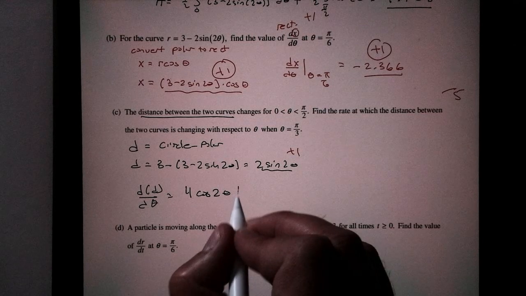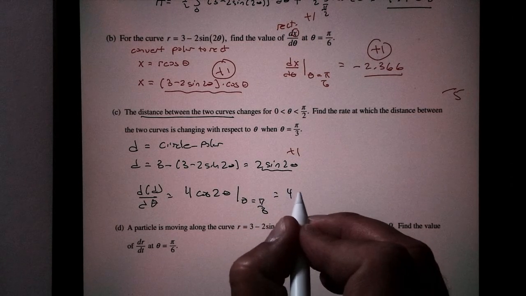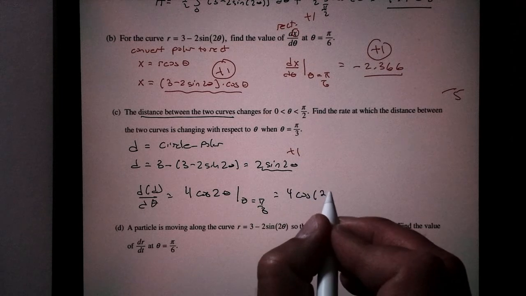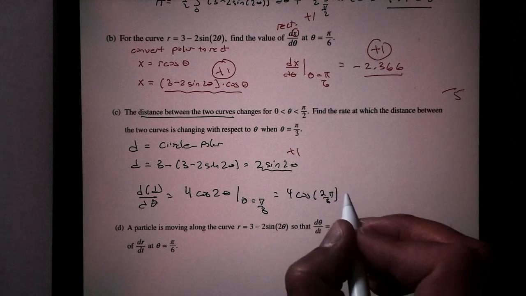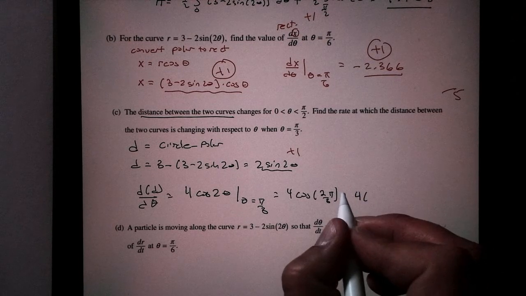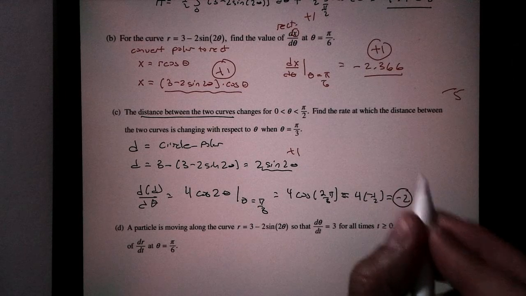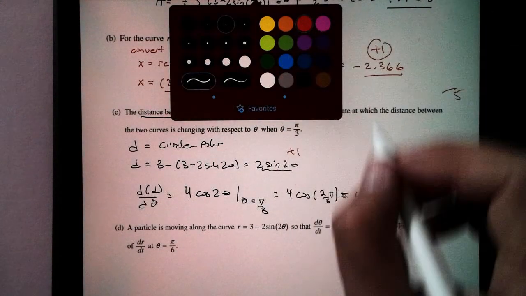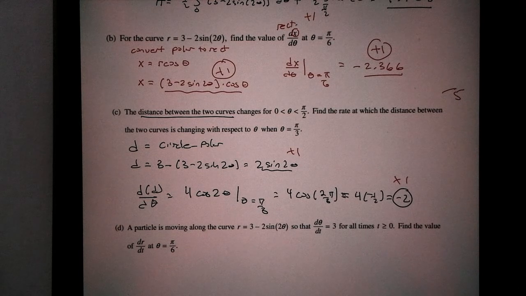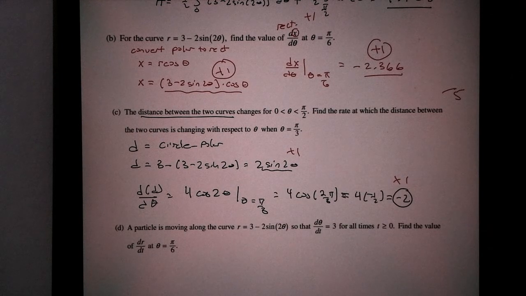If you plug in theta equals pi over 3, we're going to get 4 times the cosine of 2 pi over 3, which is negative 1/2. So we have 4 times negative 1/2, and we get negative 2. It's only worth 1 point because you can also just type that in your calculator if you get bored with it and get the same answer. This is just an easier derivative than part B.